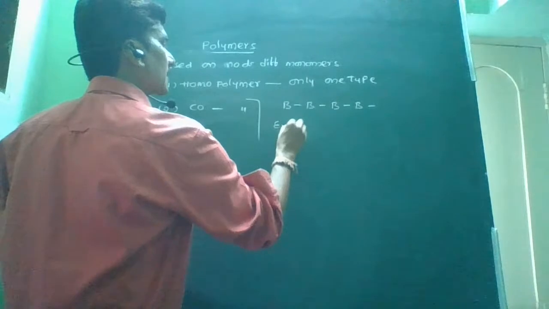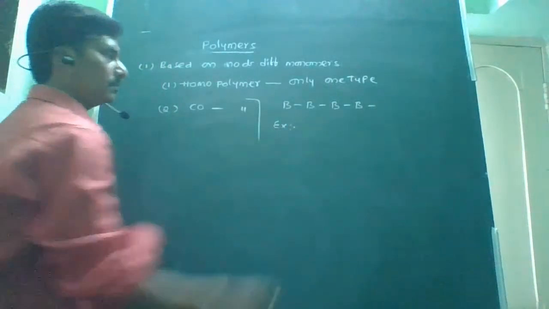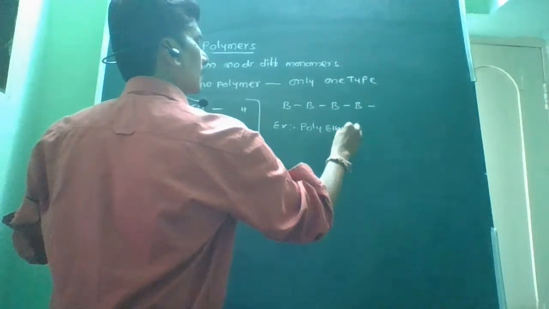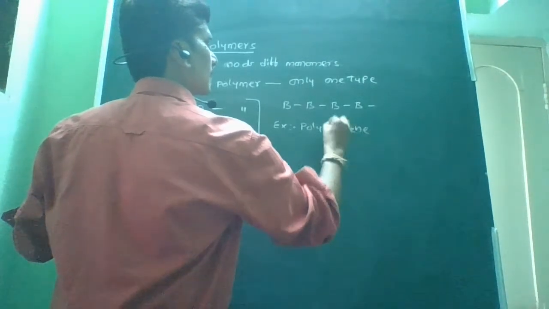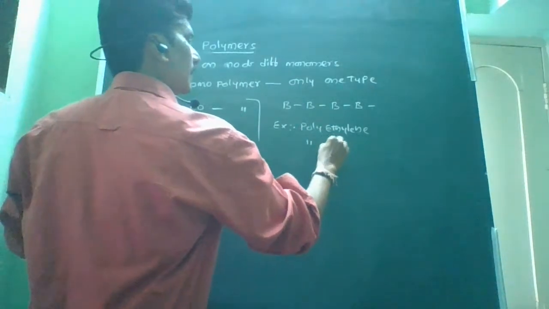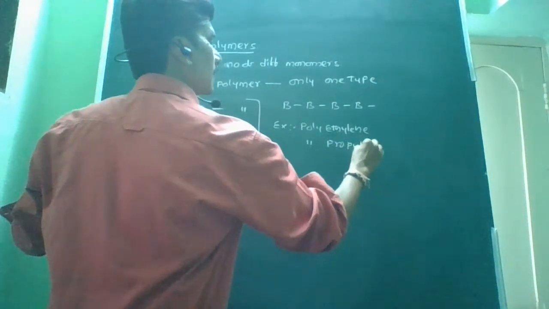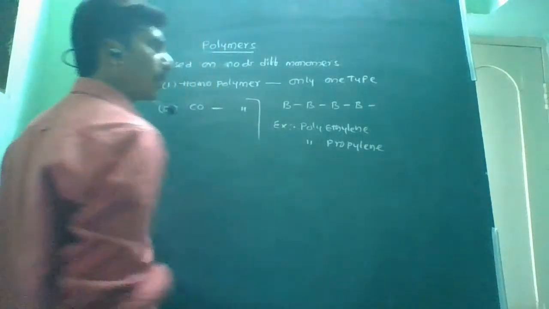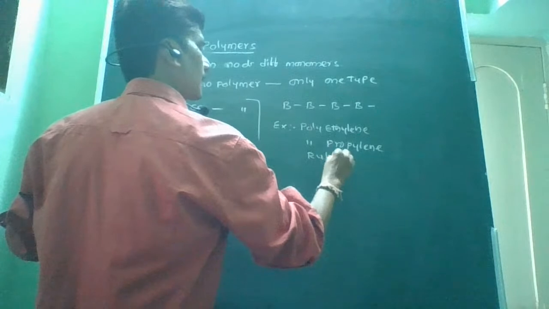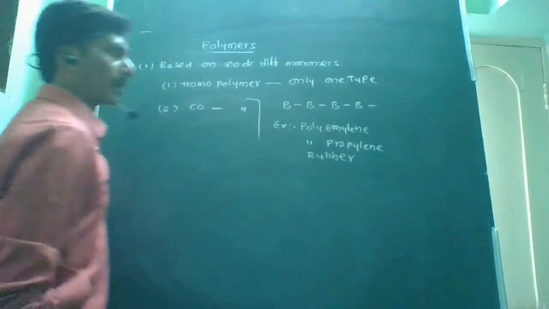Examples for these: polyethylene, polypropylene, rubber.